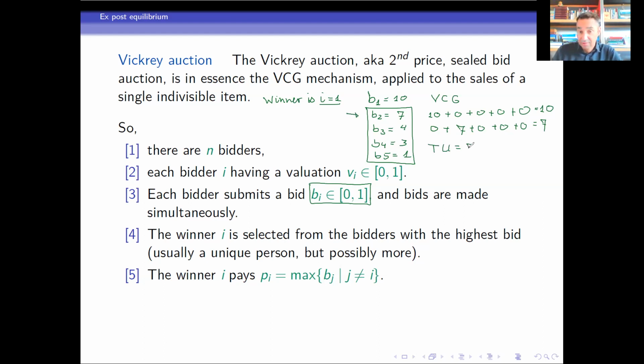Because that will give you a value of 7 plus 0 plus 0 plus 0, which is 7. And assigning it to 3, for example, would give you 0 plus 4 plus 0 plus 0, which is 4, right? So in that case, if bidder 1 would not be present, then total utility, at least reported utility, would be 7.